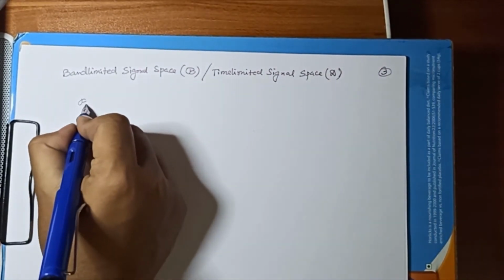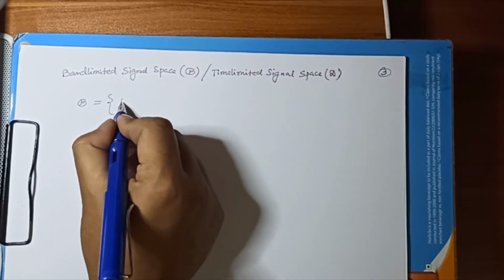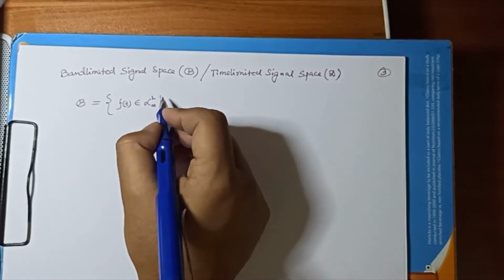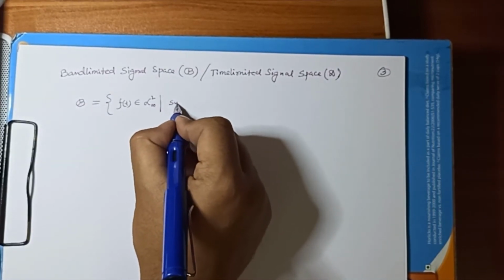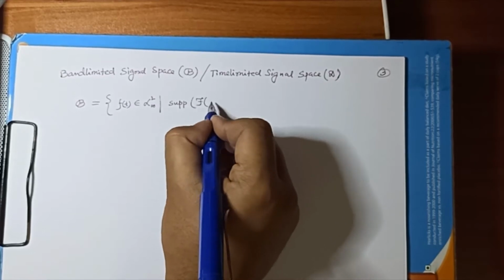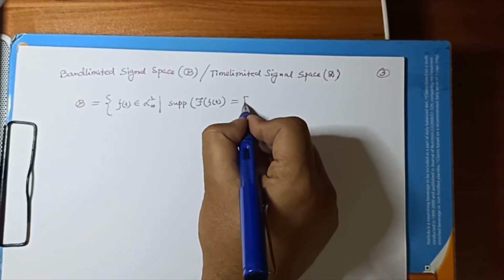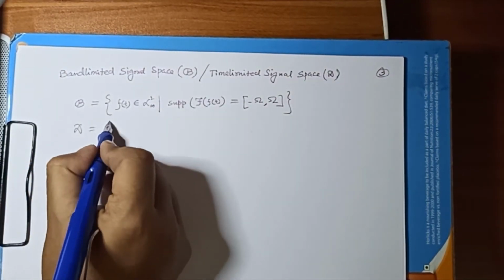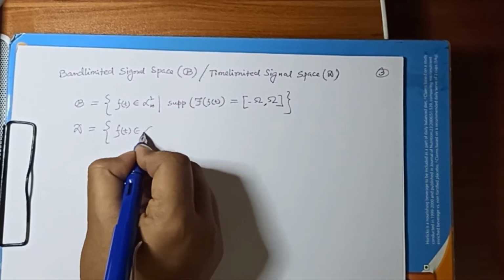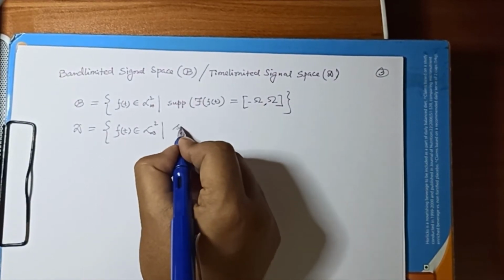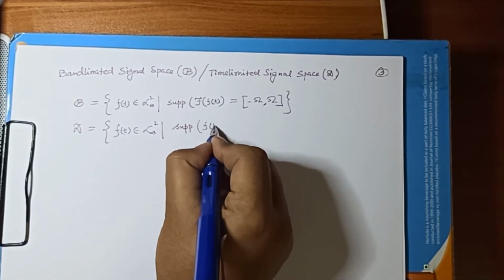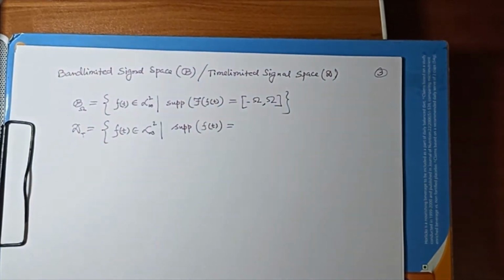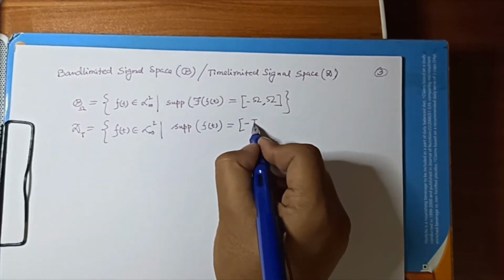So we define B, we have already defined it, but nevertheless these are such functions in L2(-infinity, infinity), say, such that the support of the Fourier transform of f(t) is equal to, say, minus omega to plus omega, and D is given by some function which is again L2, such that the support of the signal itself is equal to, so I can write this B sigma to give the proper notation, minus T by 2 to T by 2.